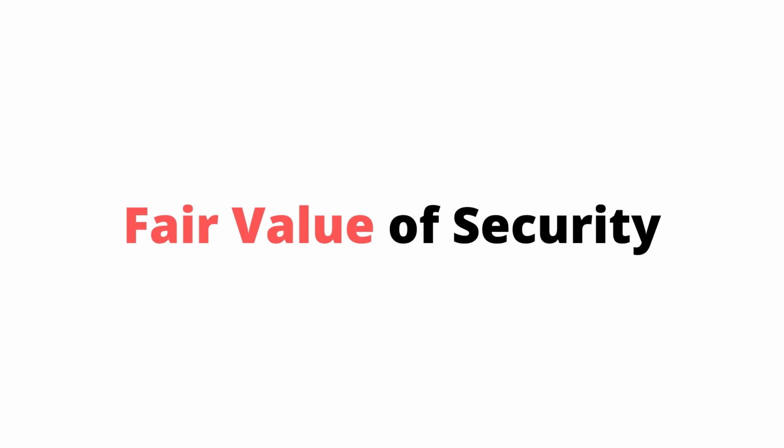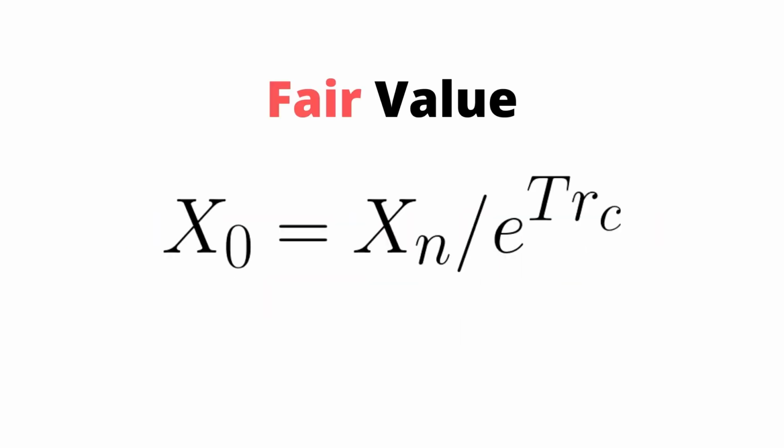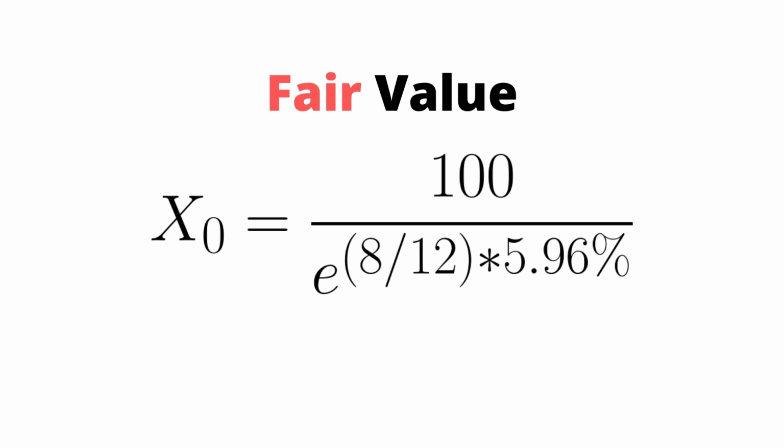We know that the future value here is going to be present value times e to the power t times RC. So the present value is going to be future value divided by e to the power t times RC. The t is 8 months, so t will have to be converted into a yearly basis. 8 months equals 8 divided by 12 equals 0.6666.